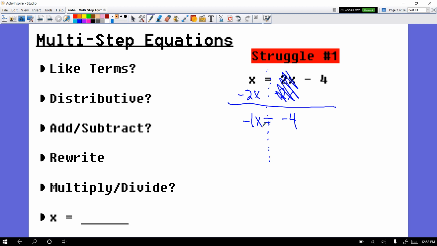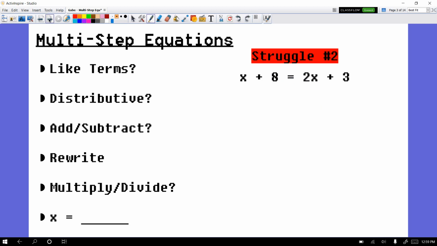What's actually happening there is you're dividing by negative 1. Anytime you divide same sign, you get a positive. So how many times does negative 1 fit into negative 1? One time. That's why we're left with a positive x right here. And how many times does negative 1 fit into negative 4? 4 times. So either way that you go about solving it, these are those little nuances that I was talking about whenever it comes to solving equations, especially multi-step.